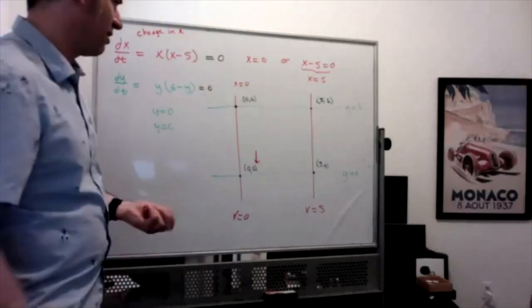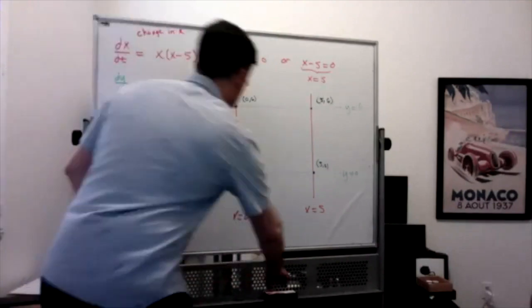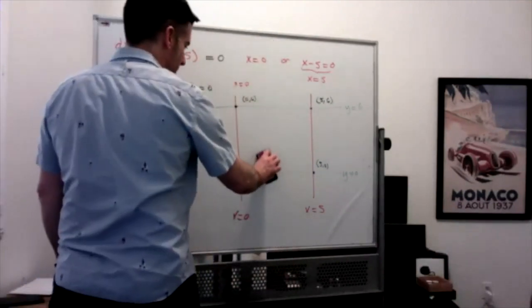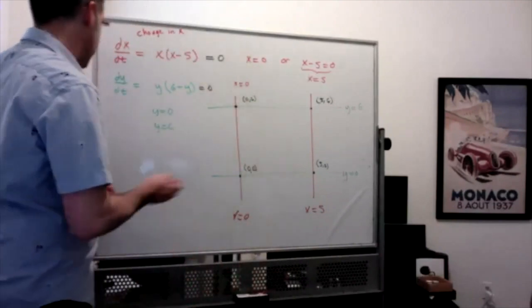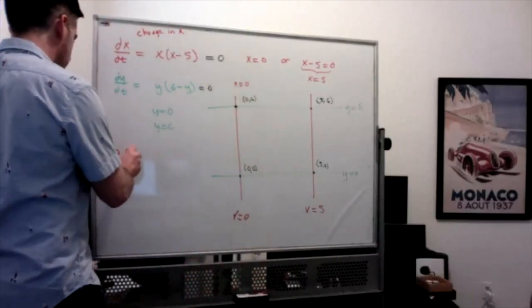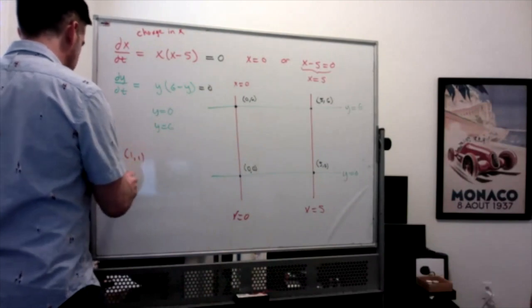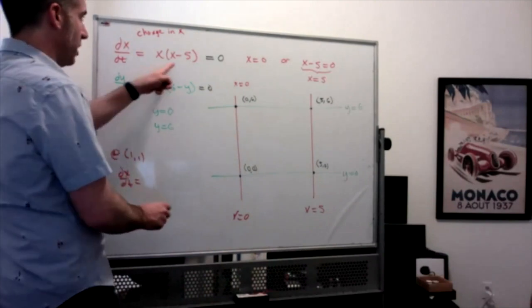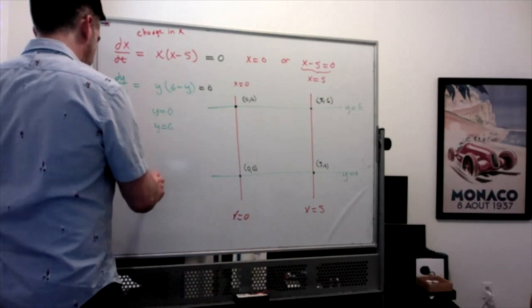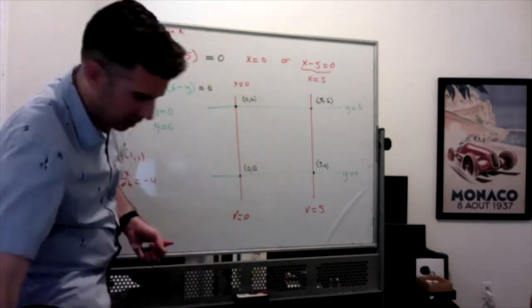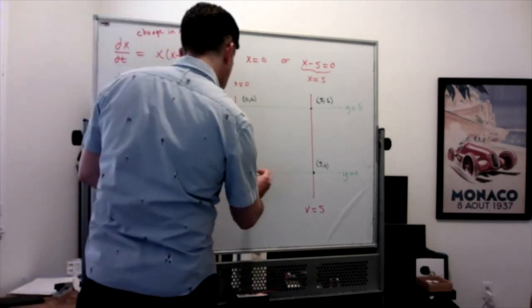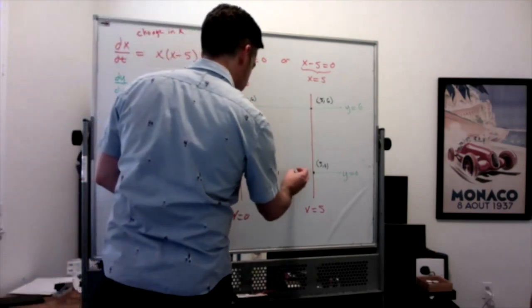Oh, sorry, I messed that one up. dx/dt is not about up or down. dx/dt is about left and right. So at the point (1, 1), dx/dt is equal to 1 times negative 4, which is negative 4. So let's be a little bit more clear here. Let's go 1, 2, 3, 4, sure.